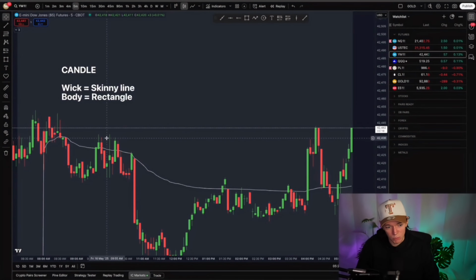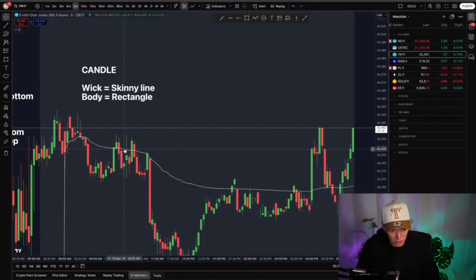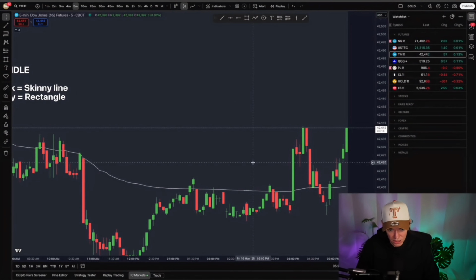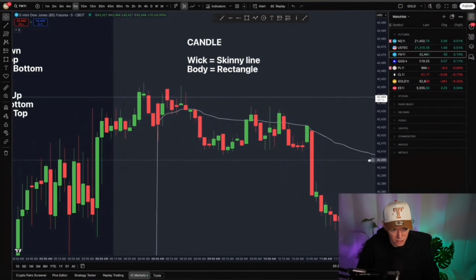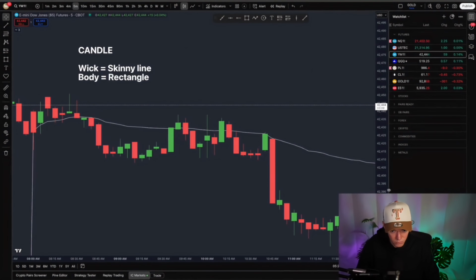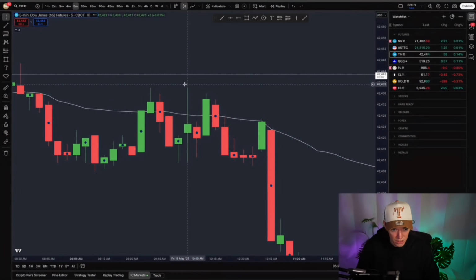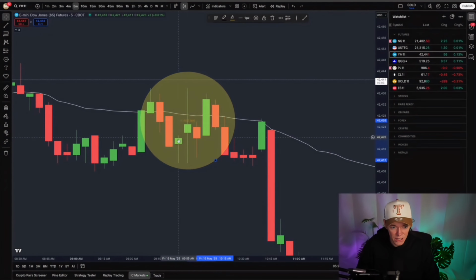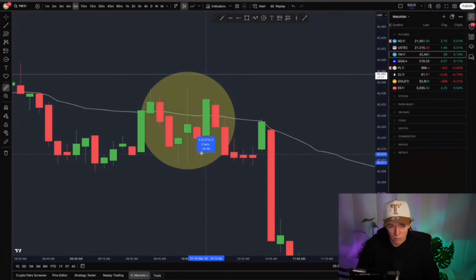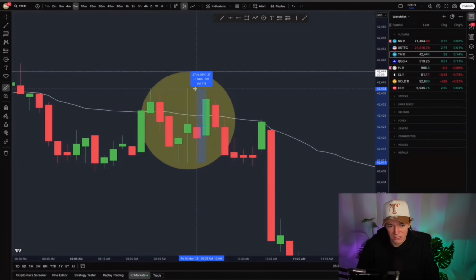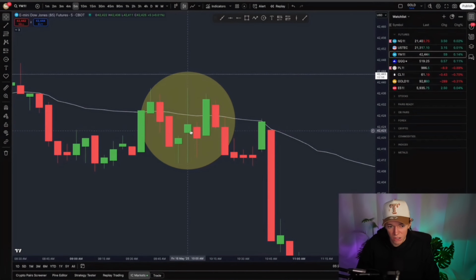But I want us to get this point. Look at this candle here, for instance. This candle here is showing us that it actually traveled quite a bit. If we look, it traveled about 27 ticks.